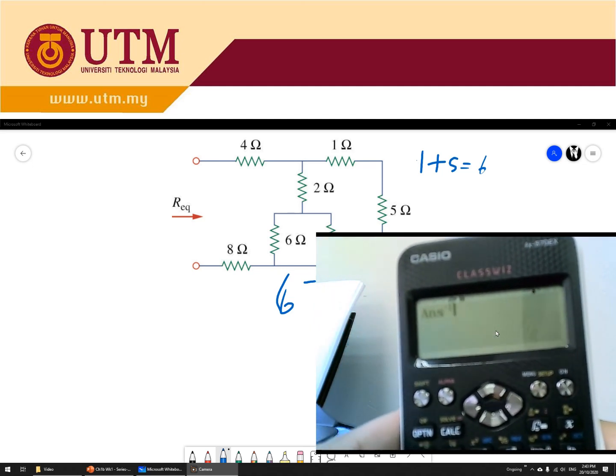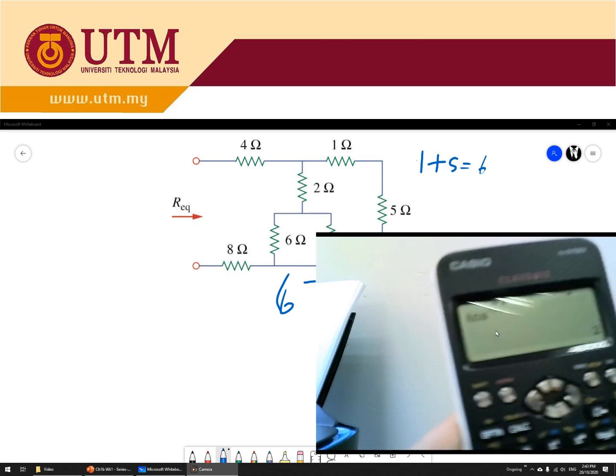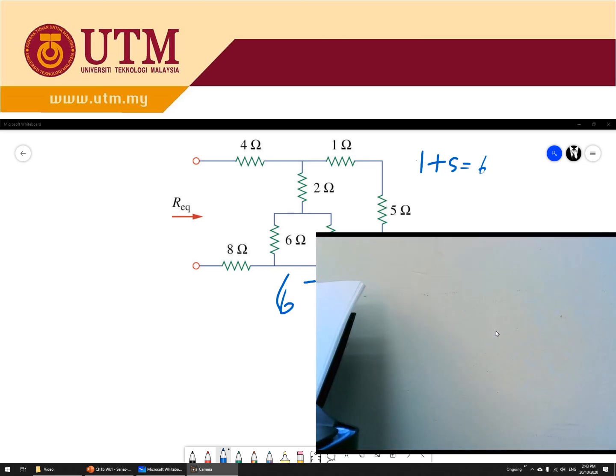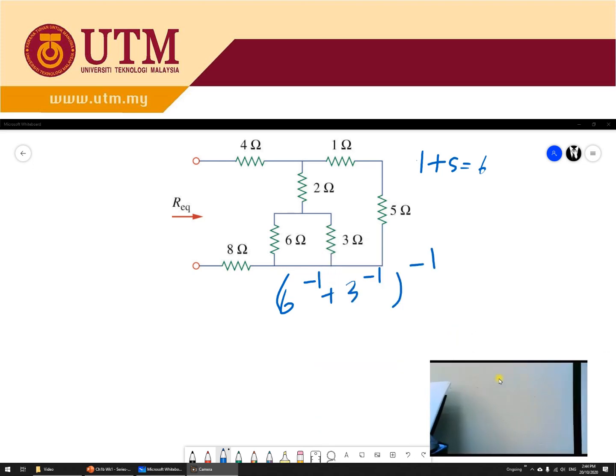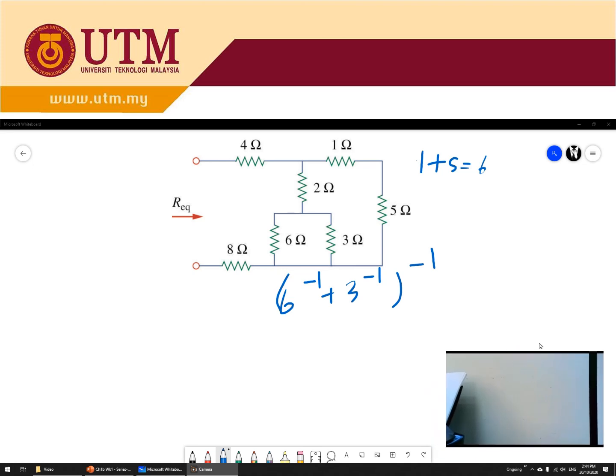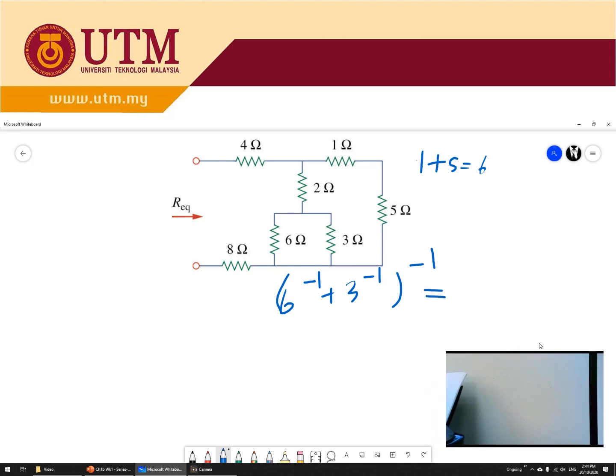Then don't forget to reciprocal. You get 2. Equals 2. Then you redraw this again.